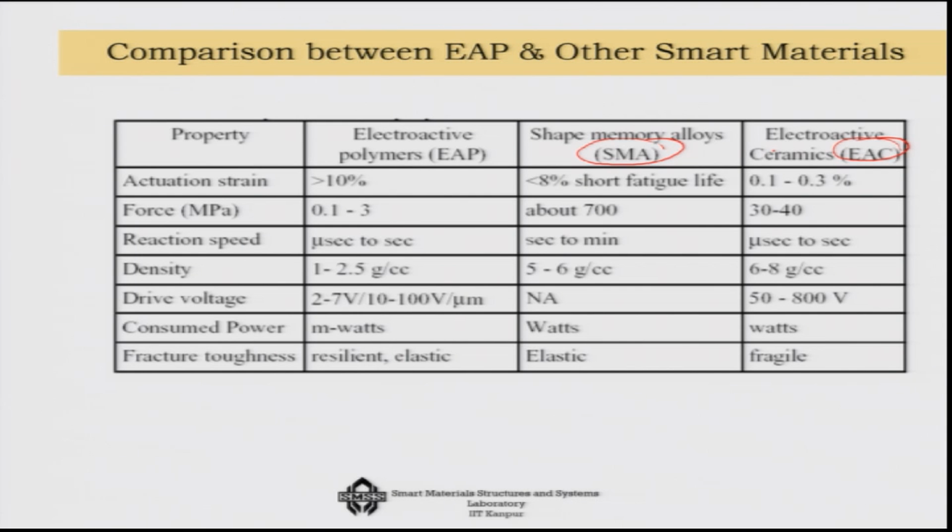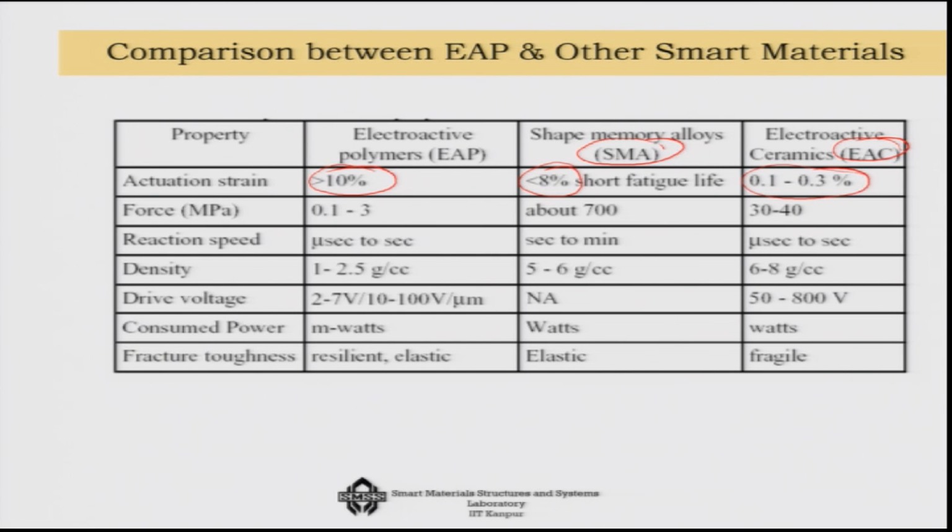You would see that the actuation strain in electroactive polymers is about 10%, which is much higher than shape memory alloys at 8% and much higher than electroactive ceramics, which is only 0.1 to 0.3%. 10%, remember, is a change you will be able to see even simply with your eyes. It will be very much visible. I will show you examples and you will be able to see that.